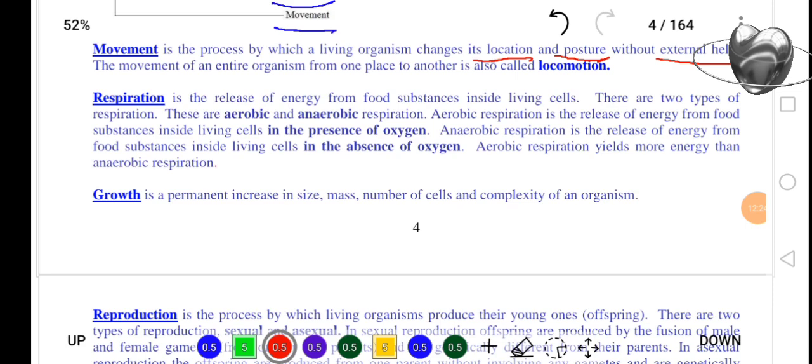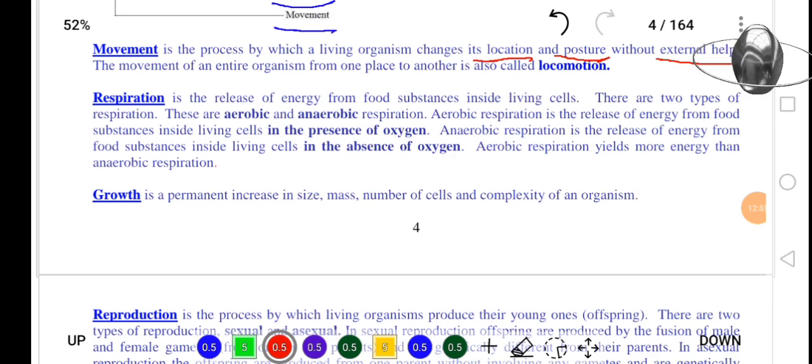But when you are moving, no one is causing you to move. You are using energy because your body cells have energy. The same energy is used for you to move. Meaning you are not getting that help from the external environment, but from internal energy. Why?